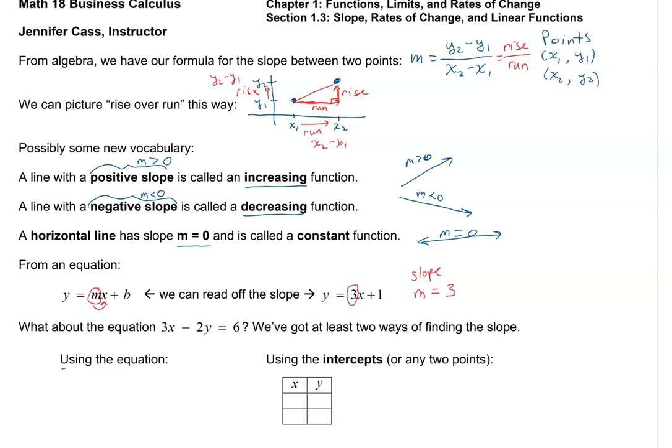So first of all, using the equation, we're going to solve for y. In other words, put 3x minus 2y equals 6 into y equals mx plus b form.